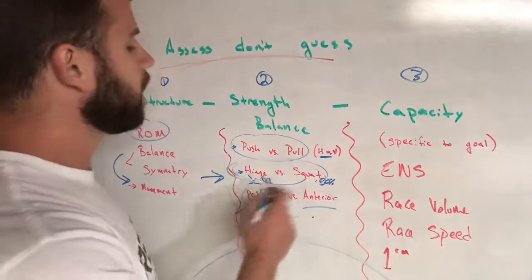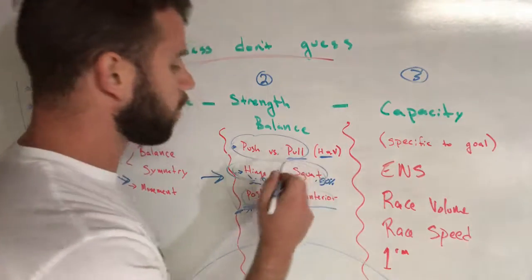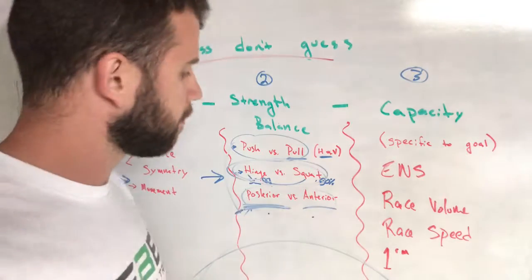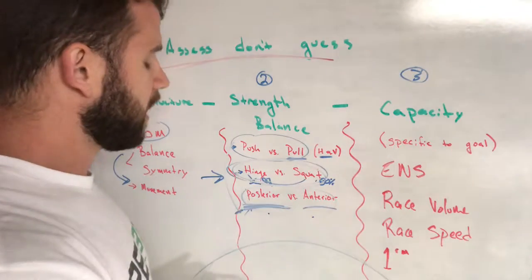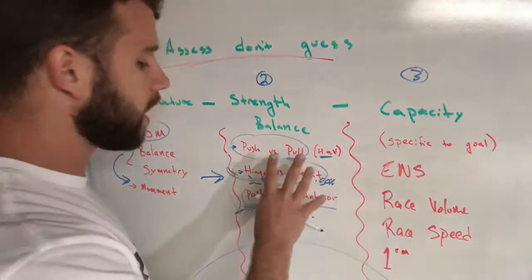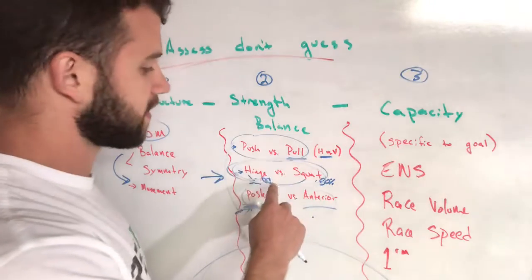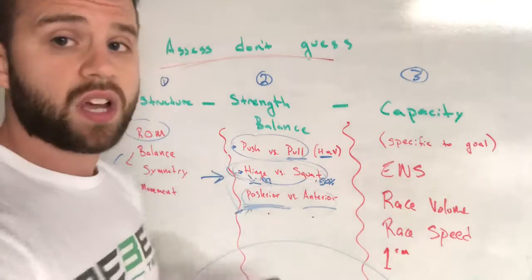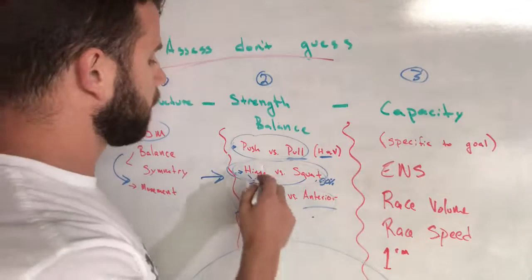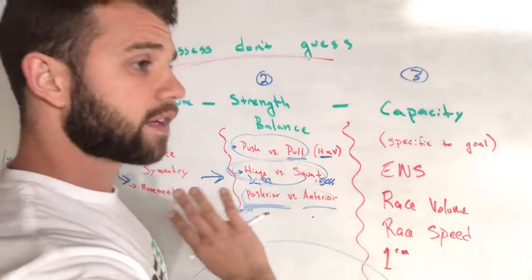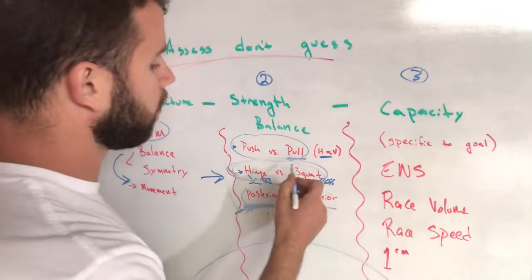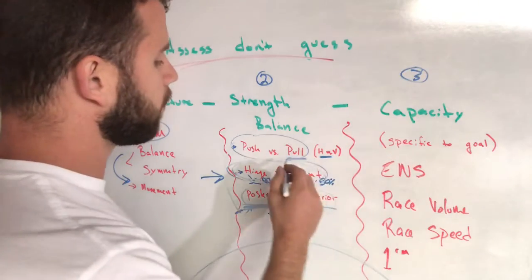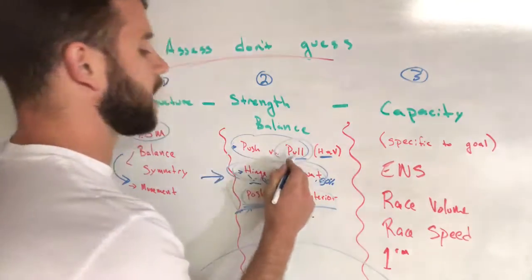Push to pull, we always want to put more emphasis on pulling, more horizontal pulling in a program in general, but that's going to change based off of how someone tests, right? If someone tests really strong with pulling relative to pushing, great. We don't have to worry too much about that. But ultimately, if I have a lot of competitors in my program, those competitors are going to have a lot of horizontal pulling.